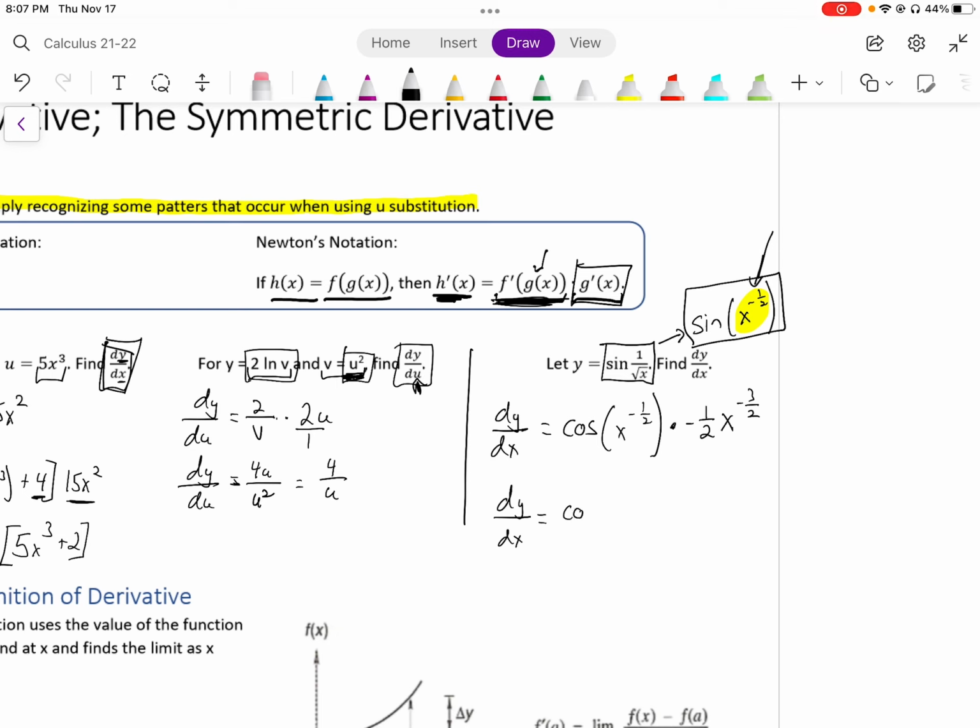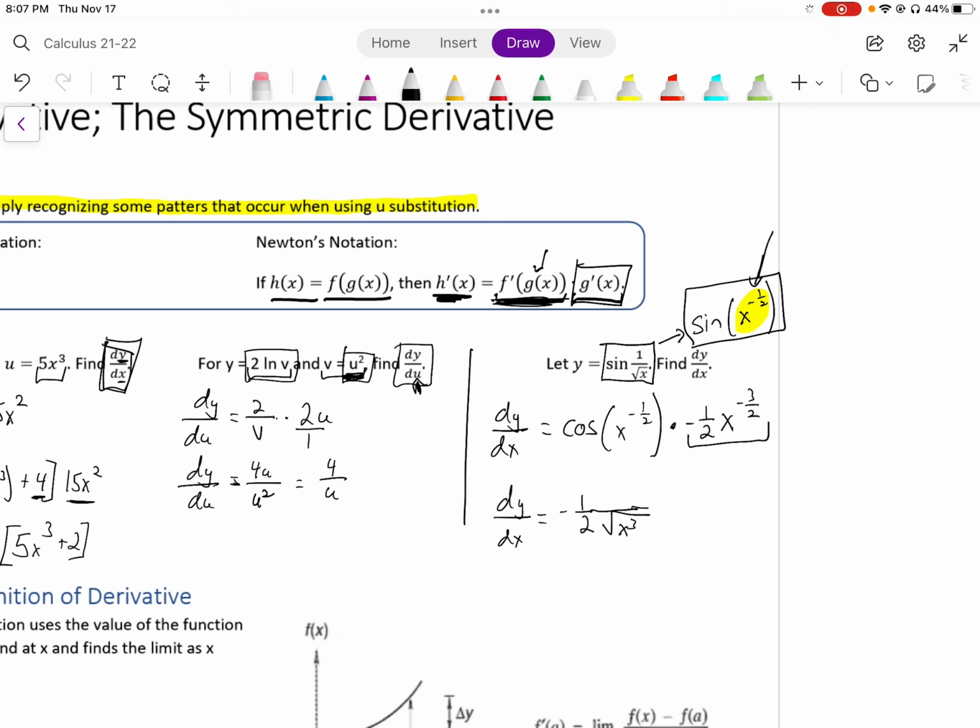So this is going to be cosine. Actually, I don't want to start with cosine. We'll go ahead and start with this. So this is negative 1/2. This can go to the denominator because it's a negative. So this is the square root of x cubed.